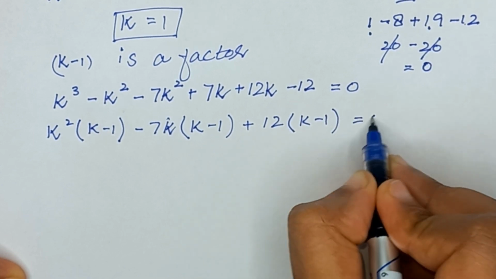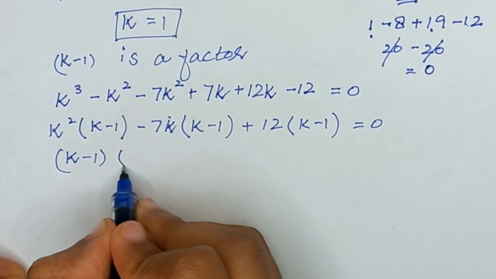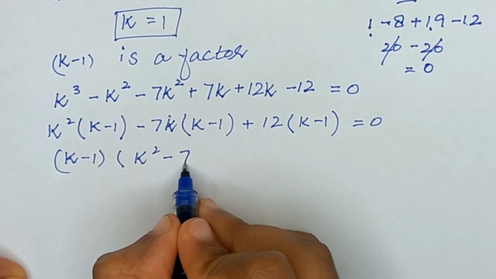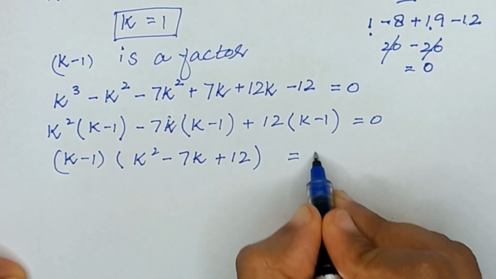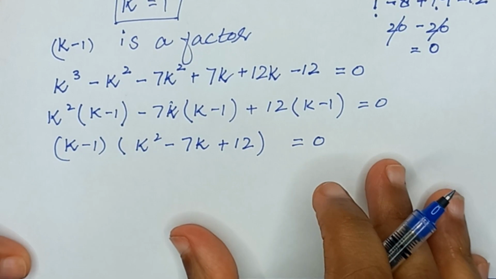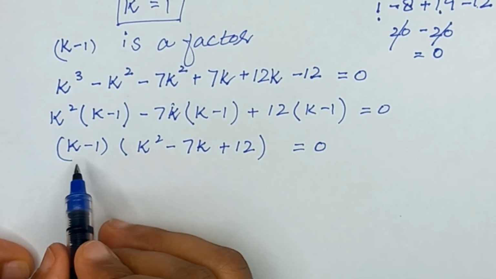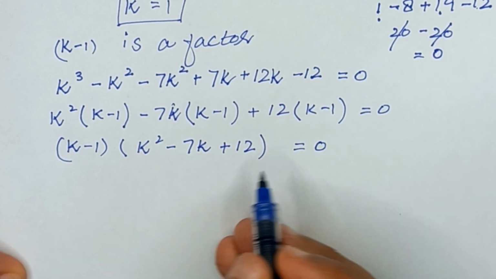Now k minus 1 is a common factor, and it will be k squared minus 7k plus 12 is equal to 0. Now here we have two factors of this cubic equation, so k minus 1 is equal to 0 and k squared minus 7k plus 12 is equal to 0.